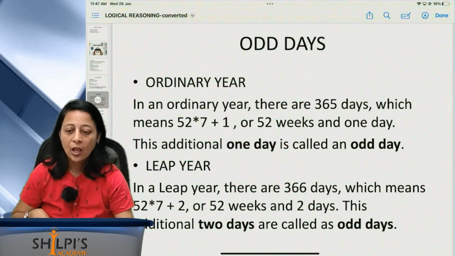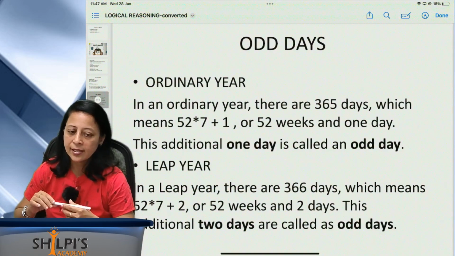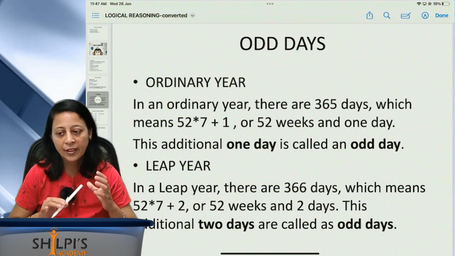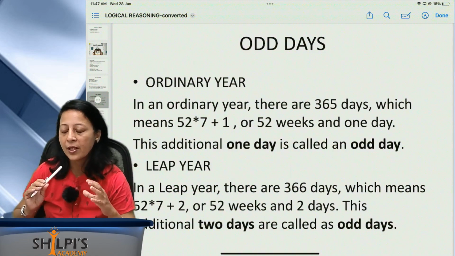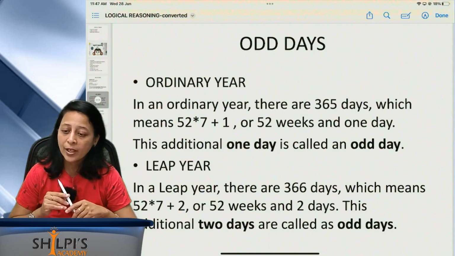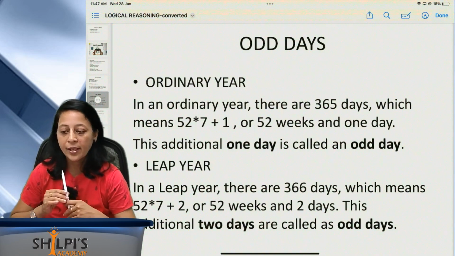So let's assume that in an ordinary year it is 365 days. We all know that. How are we deriving it? When someone asks how many weeks are there in a year, we will say 52 weeks are there in a year. And in a week there are 7 days.